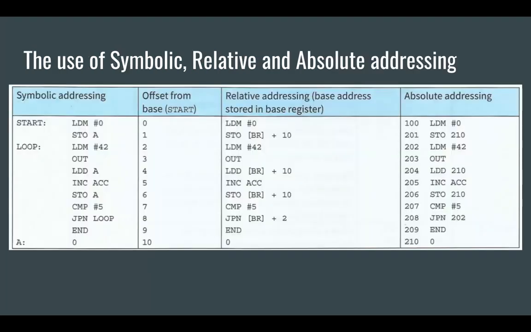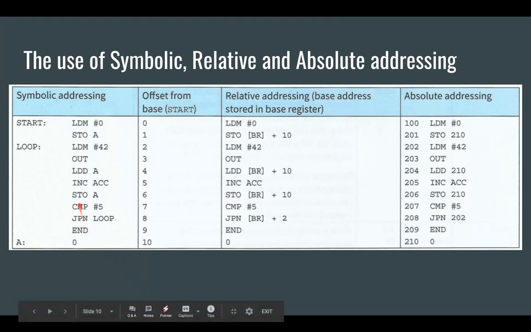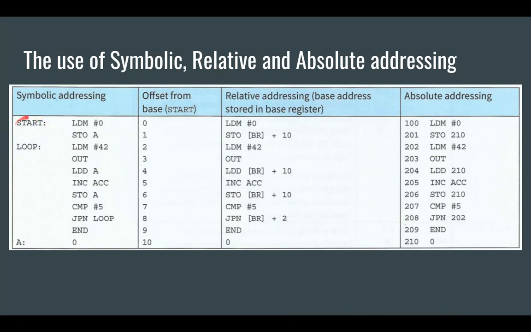Okay, so looking at this example, the first one is symbolic addressing, where we've got a symbolic address. We've got the start, the loop, and the letter A. We've got these symbolic values that are used by the program, but these would need to be converted by the assembler at some point into absolute addresses.